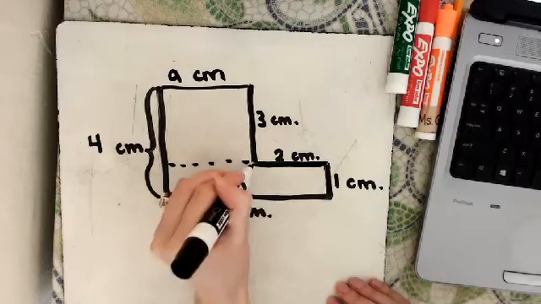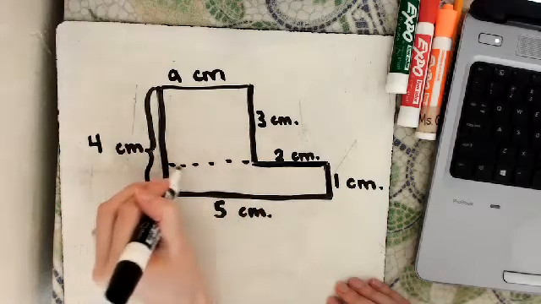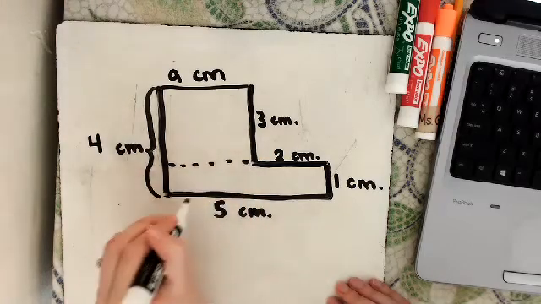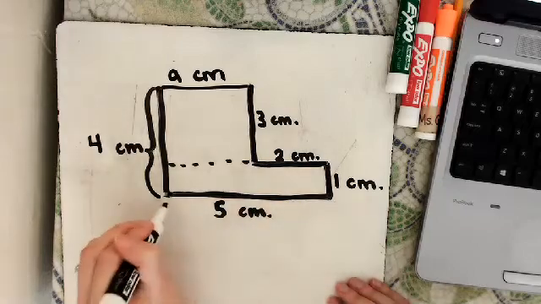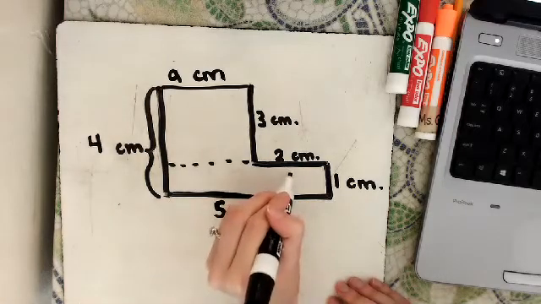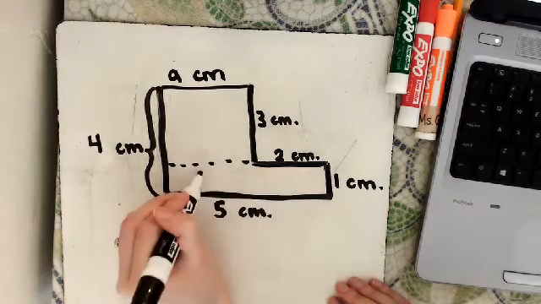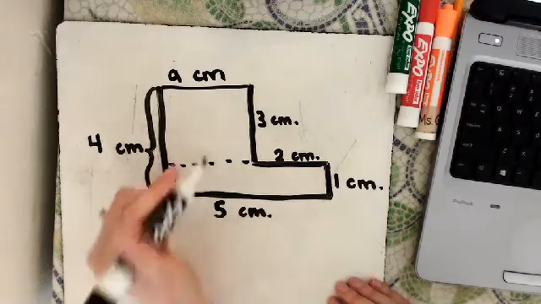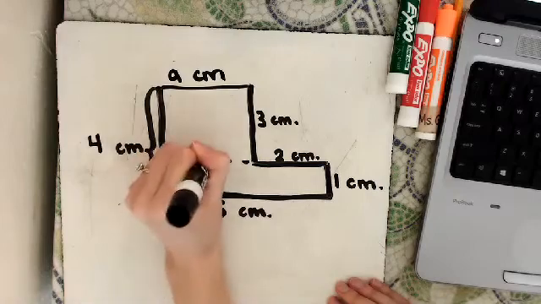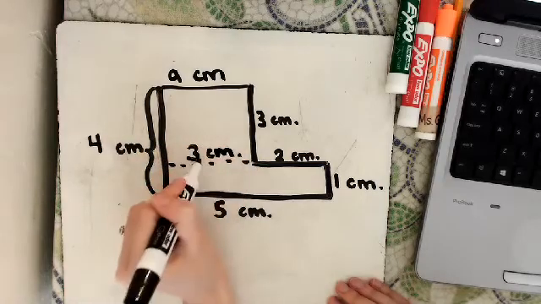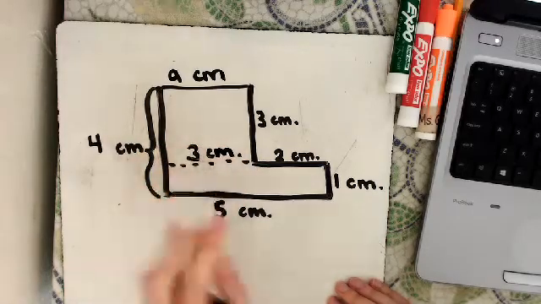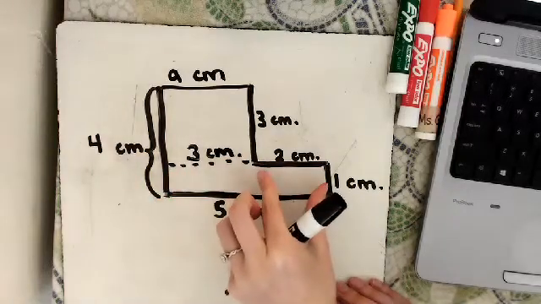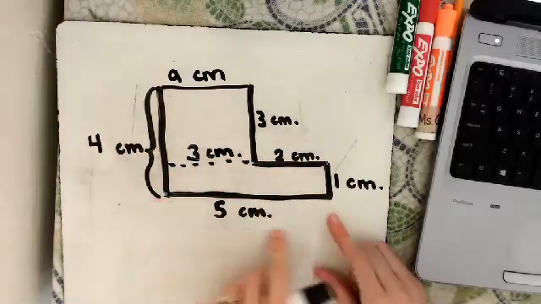And then our imaginary dotted line is also going the same direction. So if the whole thing is 5 and this part is 2, what's this part? If you said 3, that's correct. 3 centimeters. Because 3 plus this 2 is the whole bottom, 5.